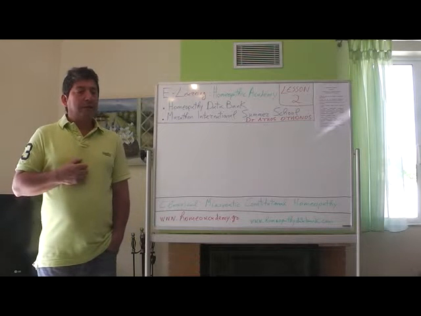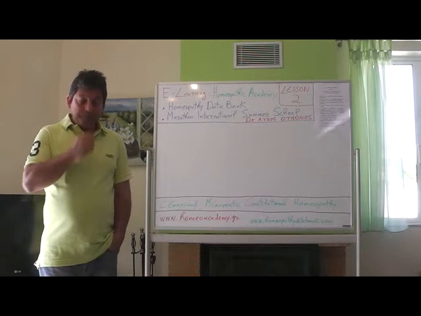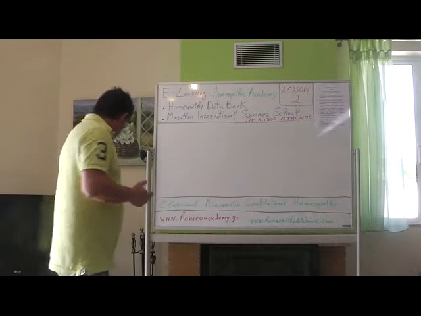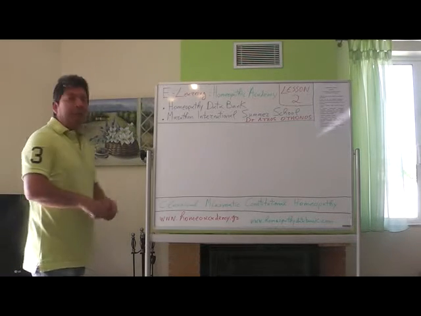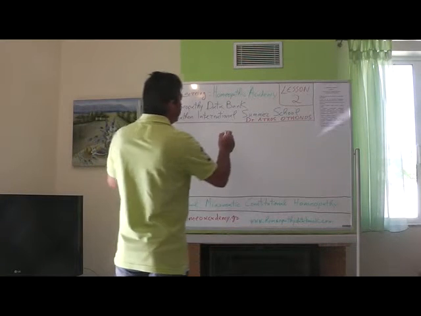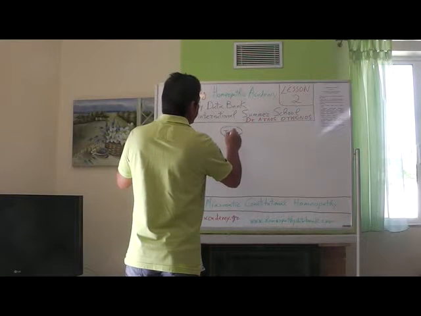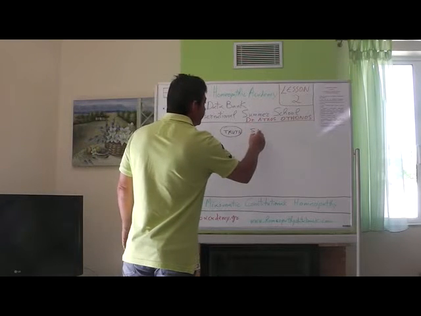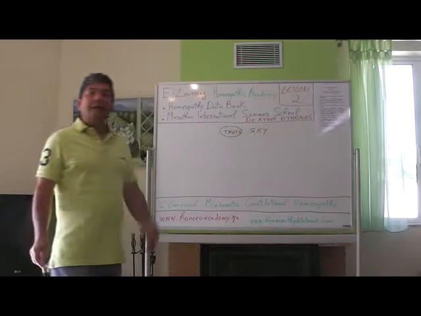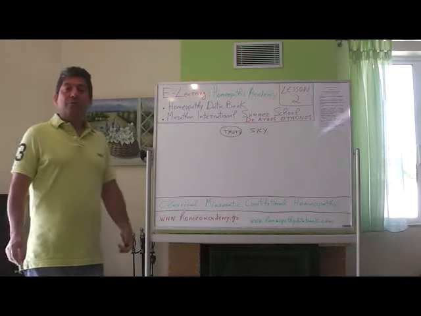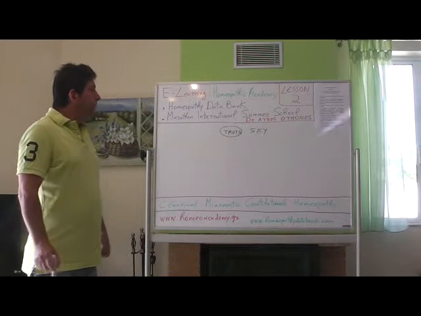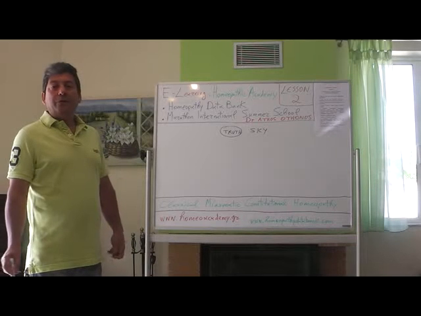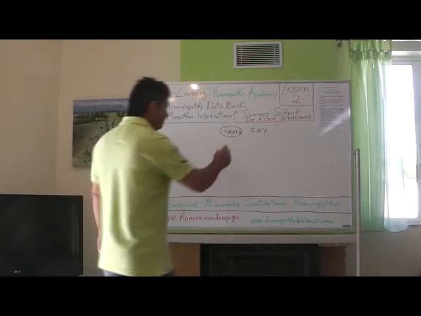Plutarchus said that truth was a mirror in the sky. Truth. In the sky, in heaven, in the spiritual world. It fell on earth and broke into 1,000 pieces.